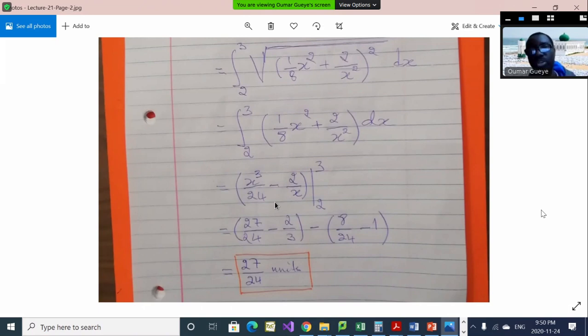In this case, we're going to use the same formula, but you have just to adapt it to our situation.